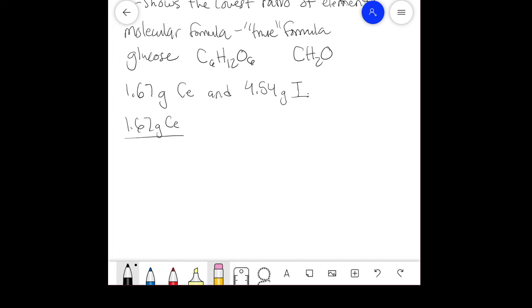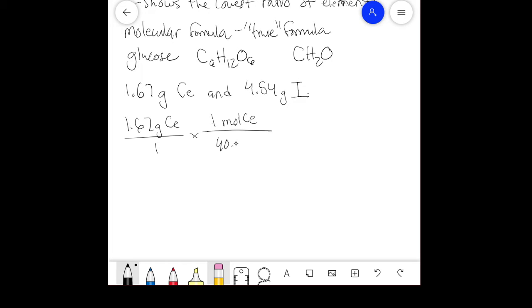I'm going to start with Ce, and then you're going to convert it to moles. And since you're just doing elements, you put it over its mass on the periodic table.